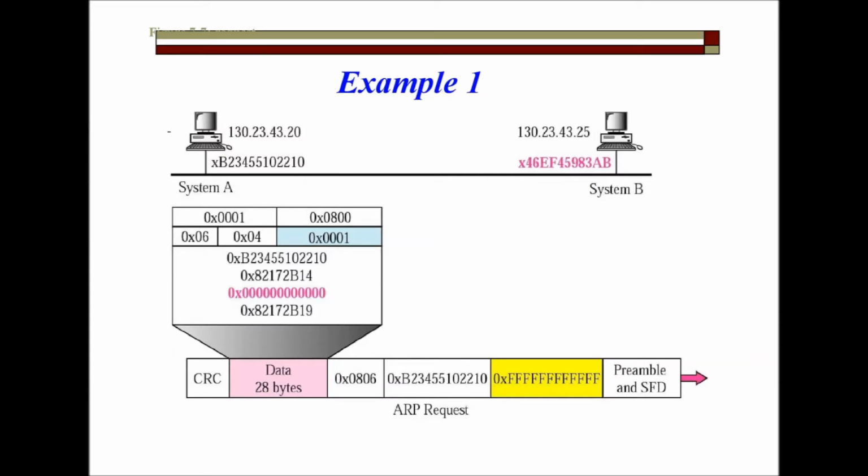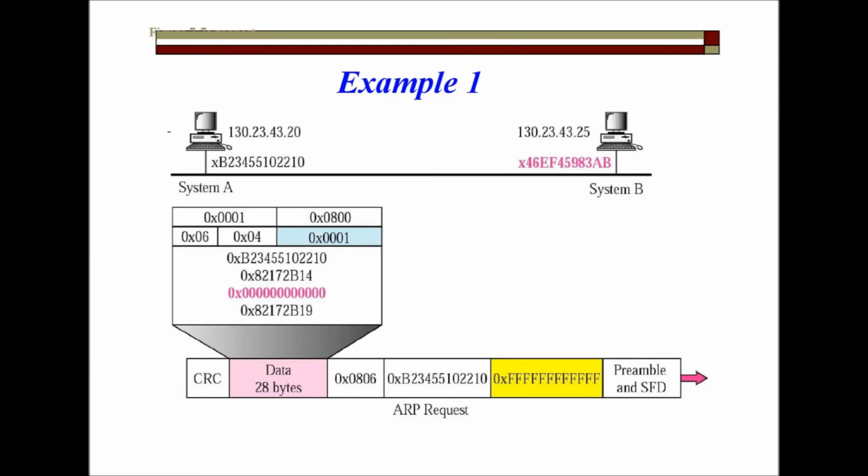In example number 1, you can see a diagram over here and you can see two systems which we have discussed in our previous slide. System A contains an IP address as well as a MAC address or physical address. System B also contains an IP address as well as a MAC address. And next is the ARP header format, which we have discussed in detail. Different fields of the ARP packet format we have discussed.